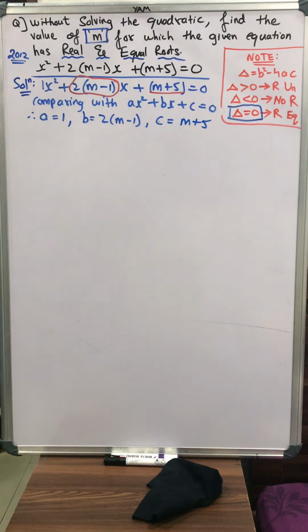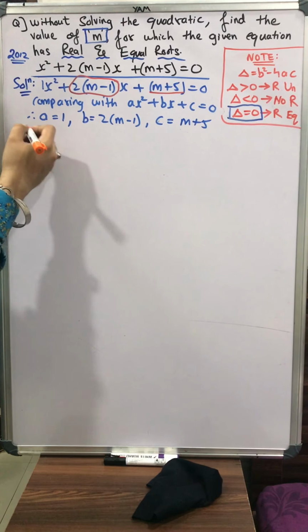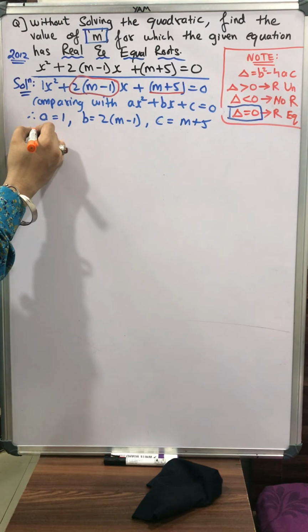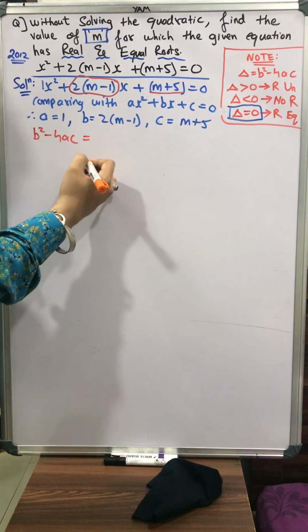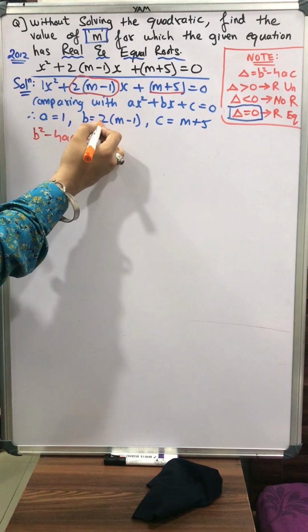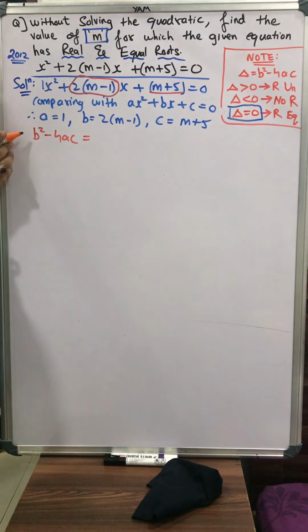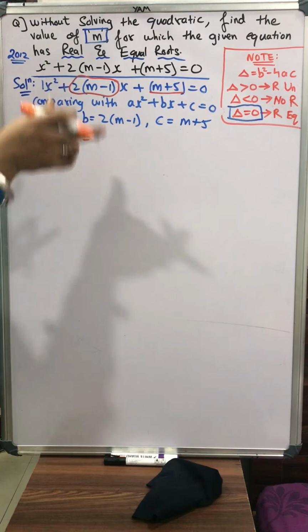Great. Now students, I'll find the value of discriminant, which is called delta. So delta, or the value of discriminant, b square minus 4ac, is equal to b. What is our value of b? b is 2 into m minus 1. And be careful, here I have b square, so whatever is the value of b, we should have a square on it.